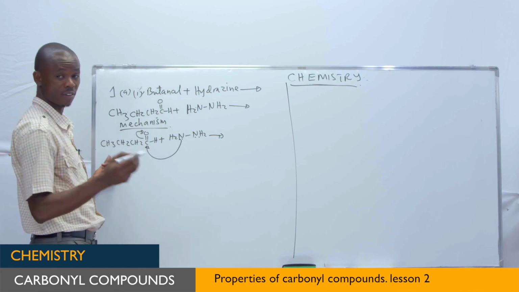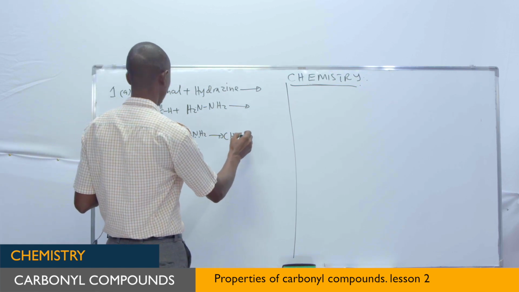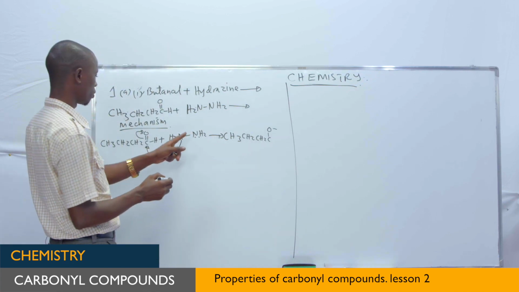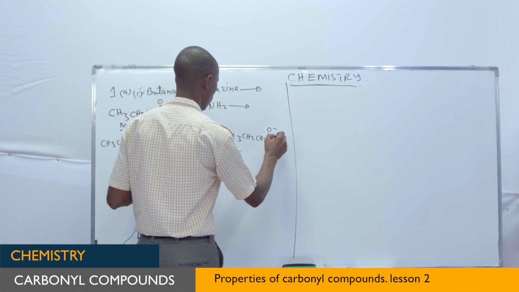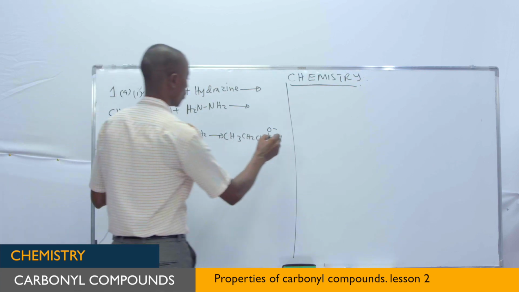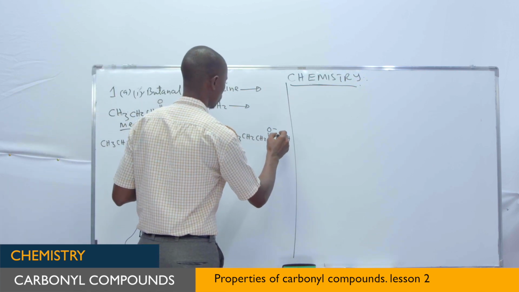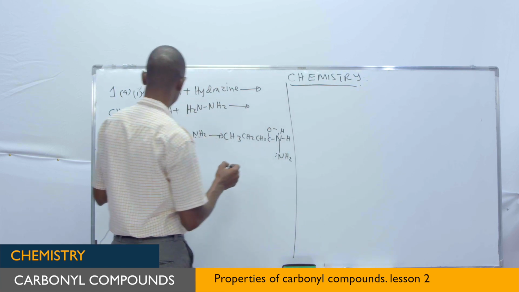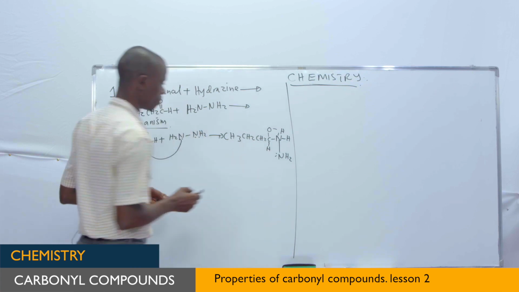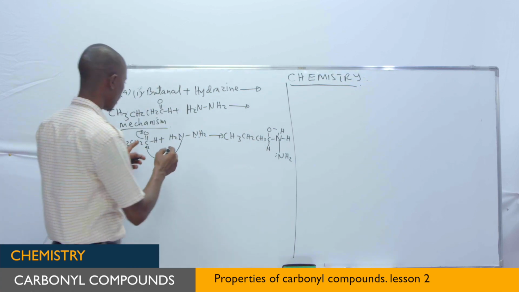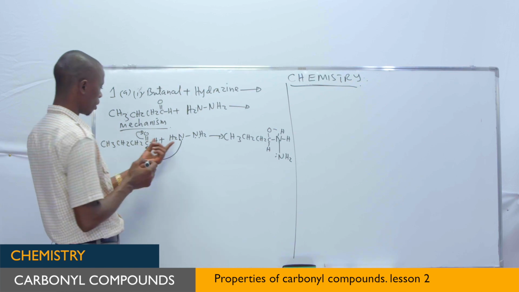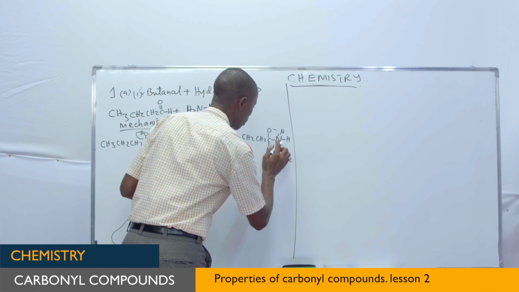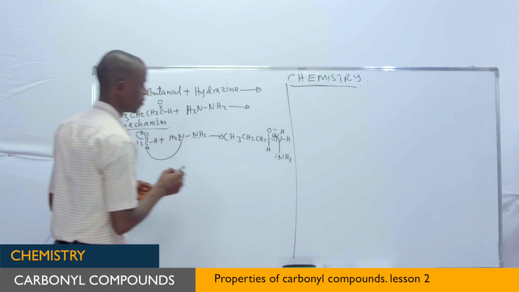So here we are going to have the following compound. Nitrogen atom, this one, with 2 hydrogen atoms, and this one, and there is a hydrogen atom there. So that is the compound that will be formed. And after this nitrogen atom gives a proton to carbon, it becomes positively charged. Sorry, this becomes positively charged.